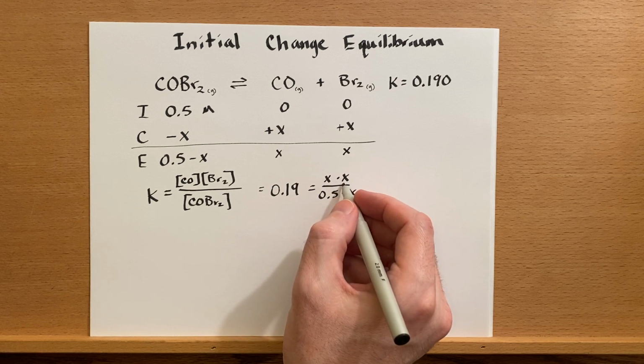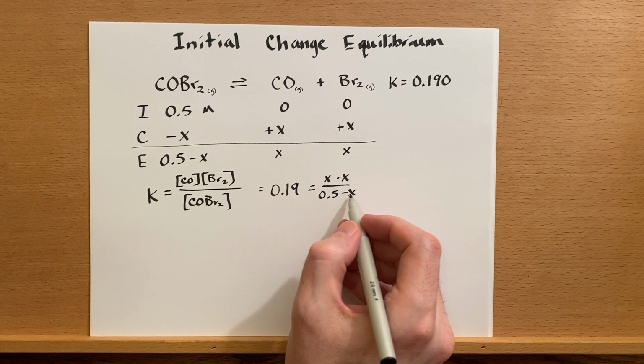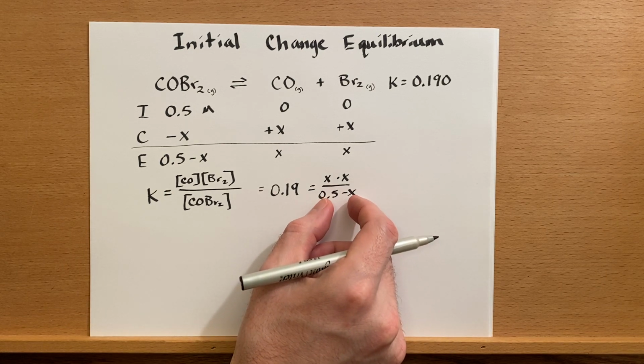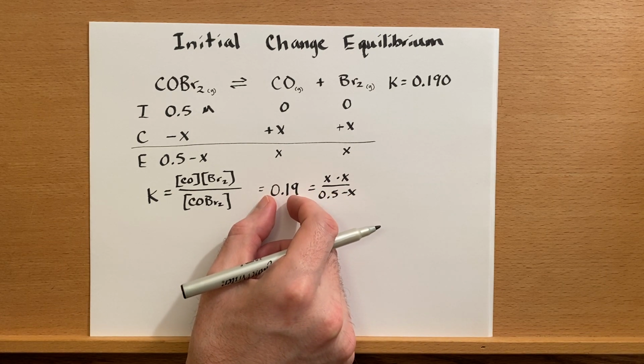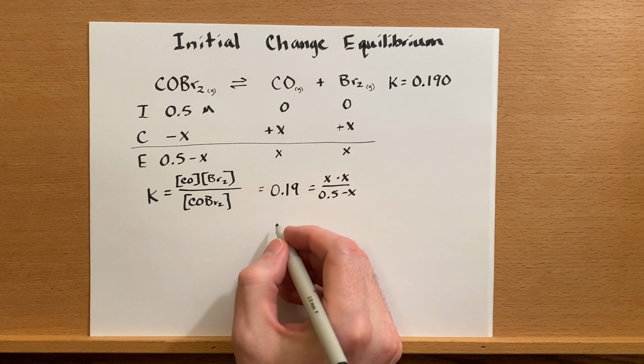So this is just X squared on top, and then this is 0.5 minus X. So let's multiply 0.5 minus X over to the 0.19, and then we'll have X squared over here.